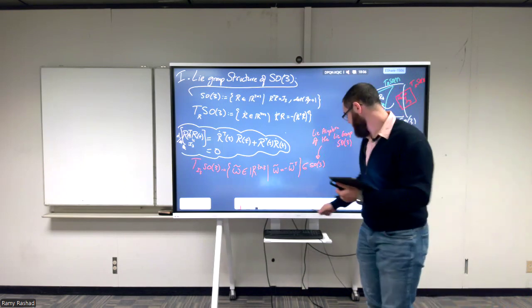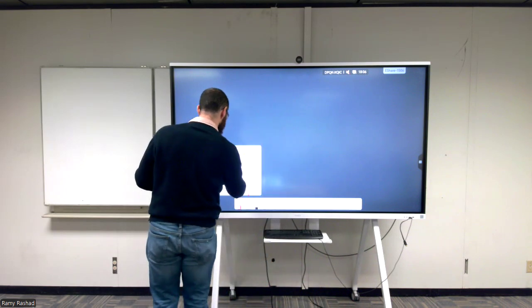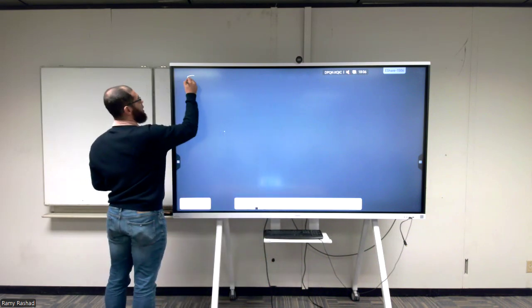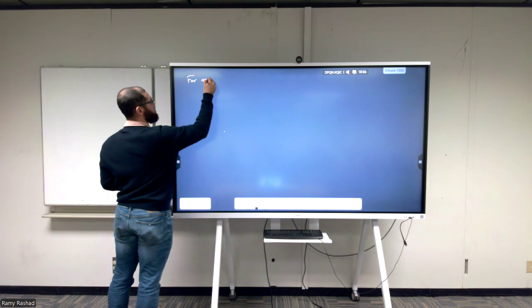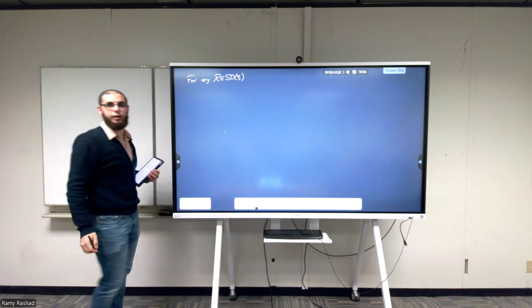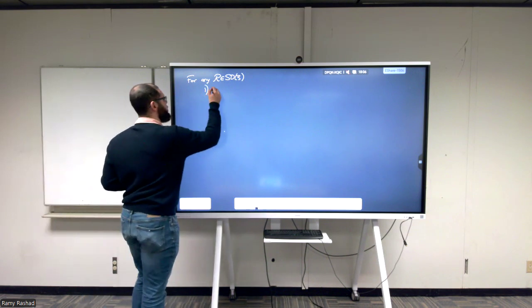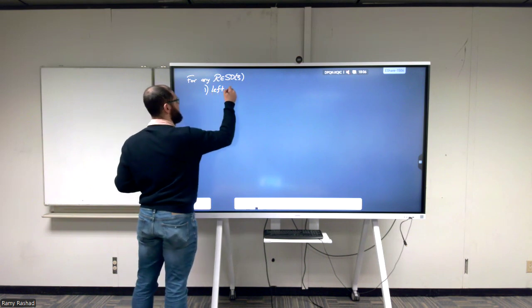And there are different ways where I can use this group operation. The first one is the following. For any R, so if I choose some special R in SO3, I can define 2 maps. The first one is called the left translation.